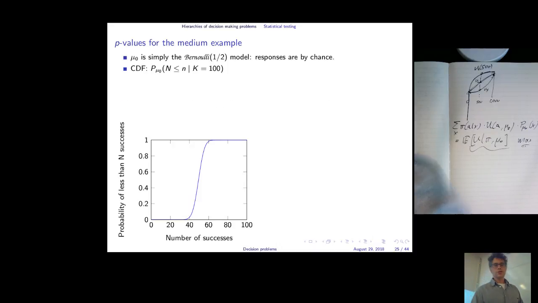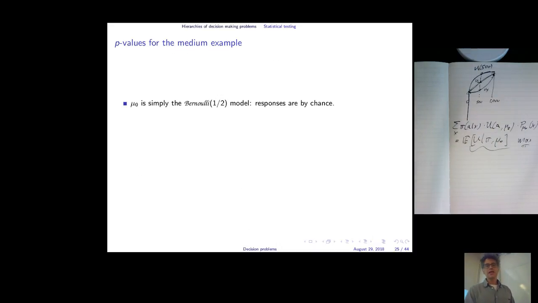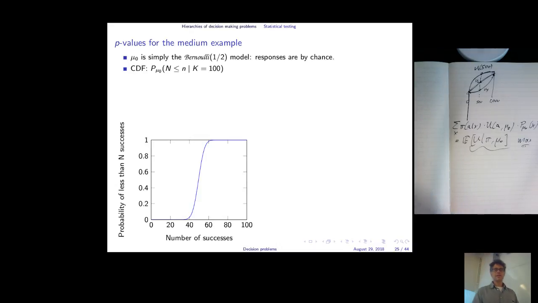Okay, so how does it work for the medium? Let's design a very simple test so that you see how it works. We have the Bernoulli model: 50% of the time you are correct, 50% you are incorrect. There is nothing else. Now we can plot the CDF, which is the probability that you have lower than a specific number of successes.